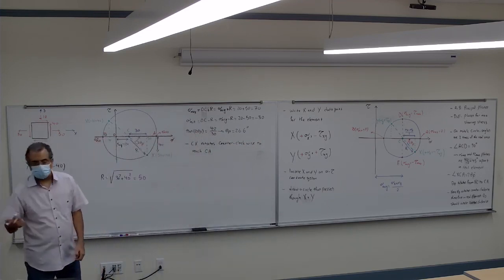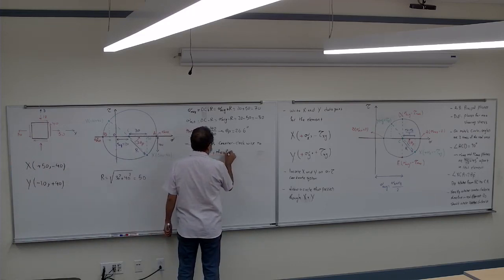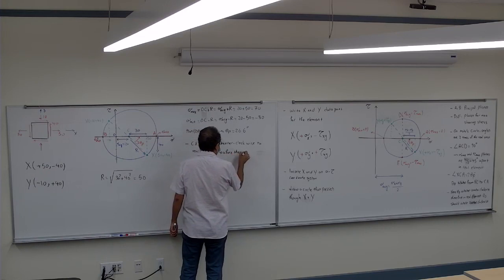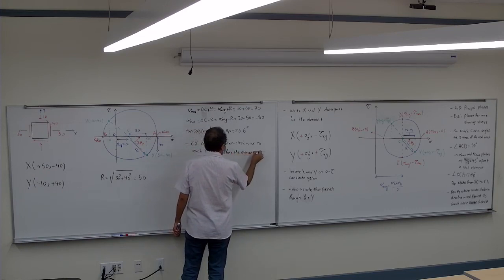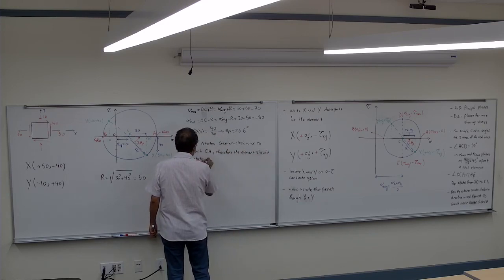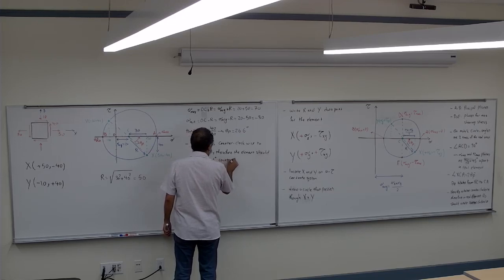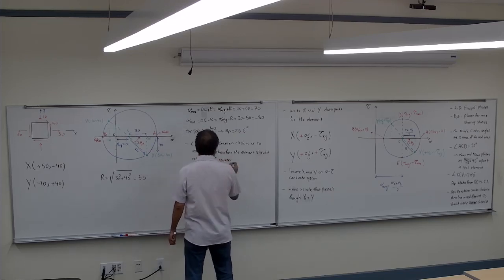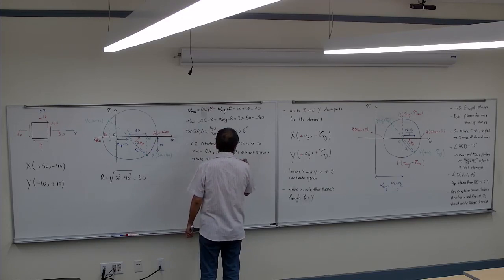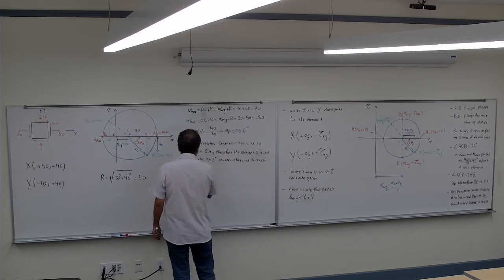Therefore the element should rotate 26.6 degrees counterclockwise to reach the sigma max plane.